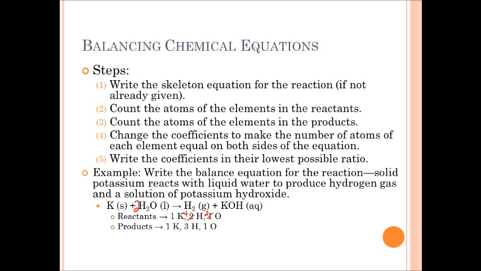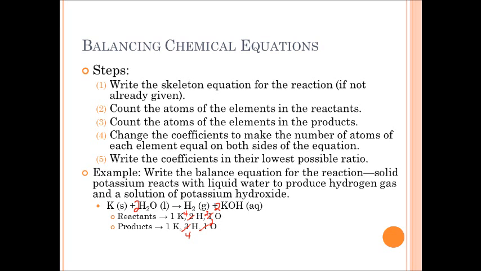Okay? Well, now we still have what we had in the products. Okay, well now let's put a 2 in front of the KOH because we need to make sure that we have 2 oxygens here. So that's going to make that 2. That's going to give our total of 4 altogether.